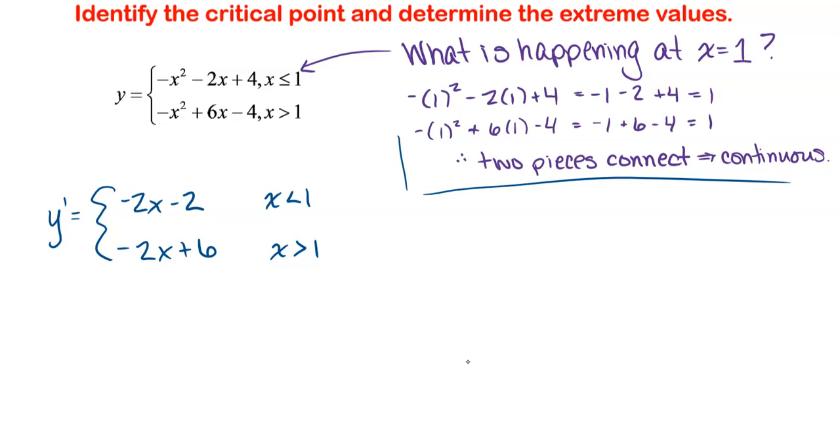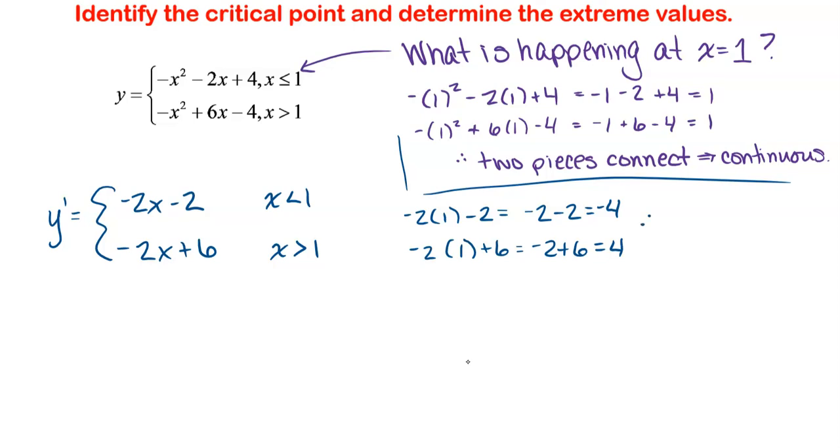I'm going to do the same thing I did up here. Negative 2 times 1 minus 2 gives me negative 2 minus 2, negative 4. For the bottom piece, negative 2 times 1 plus 6 gives me negative 2 plus 6, which gives me 4.